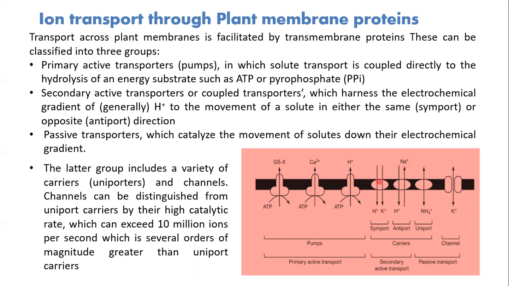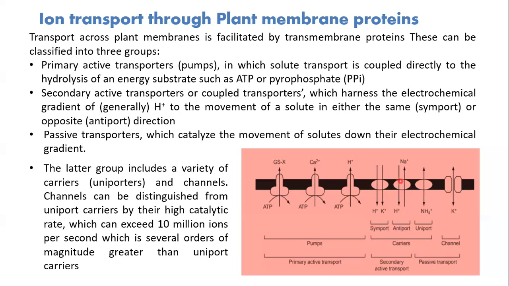And this proton, on the other side of the cell membrane, is released by use of ATP through proton pumps. So it means the primary active transport of protons releases protons to the other side and develops a gradient. That gradient is utilized for the movement of potassium from that side to the inside in the form of symport.